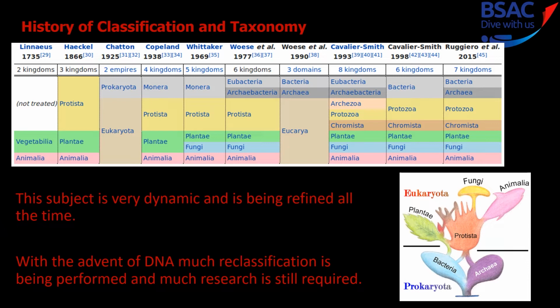So we can see that this subject is very dynamic, and it is being defined all the time. And with the advent of DNA, there is much reclassification presently being performed. I draw your attention to the picture on the bottom right-hand corner, where we can see, over the millennia, as evidenced by DNA mapping, an impression of how evolution on planet Earth occurred.